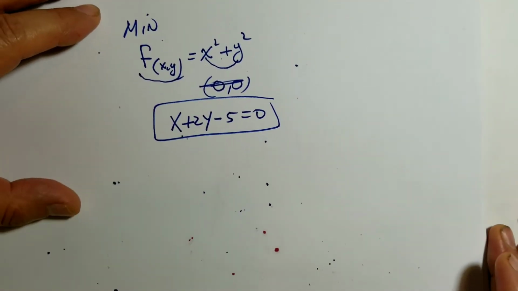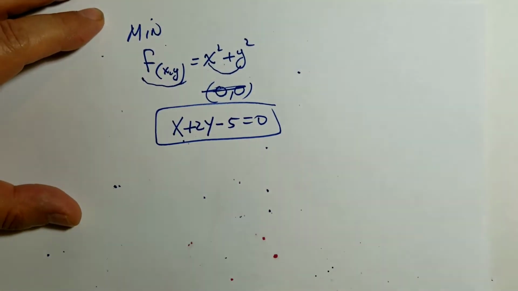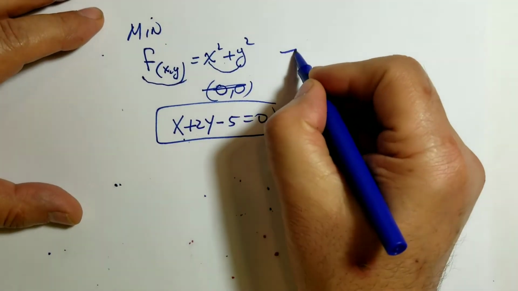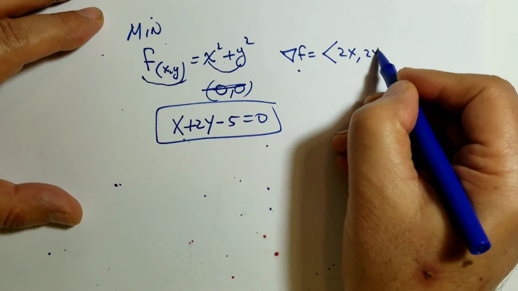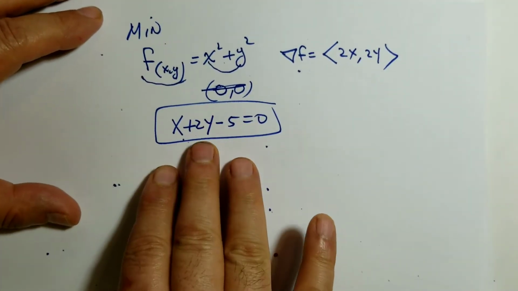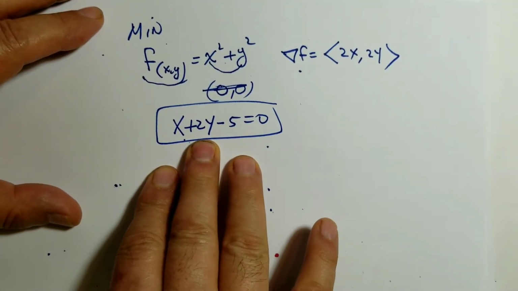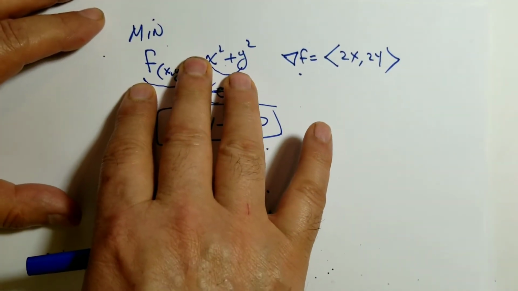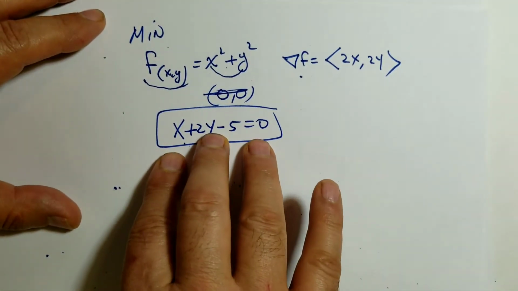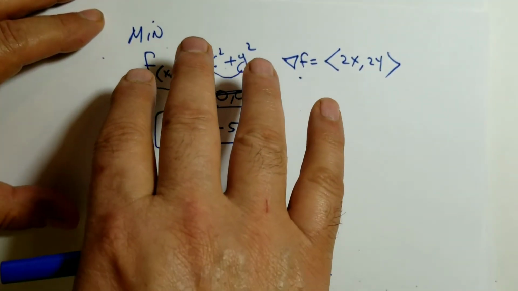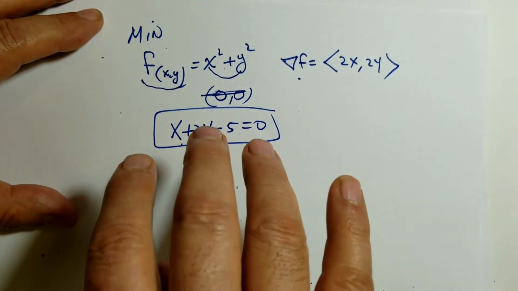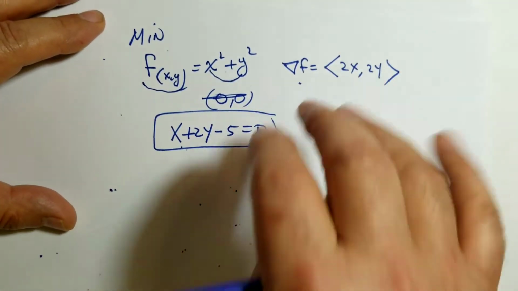Maybe it's something else. But because this is a function, I know it does have a gradient, and that's my objective function. I know this one is a relationship between x and y. It's not a function of multivariable, it's a function of a single variable if I solve for y. But I have to make it a function of multivariable to have a gradient with the same number of components.